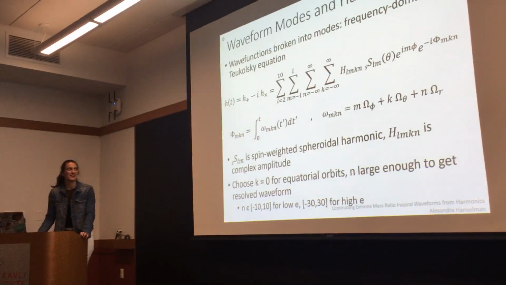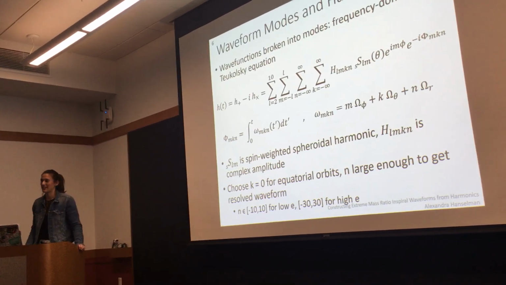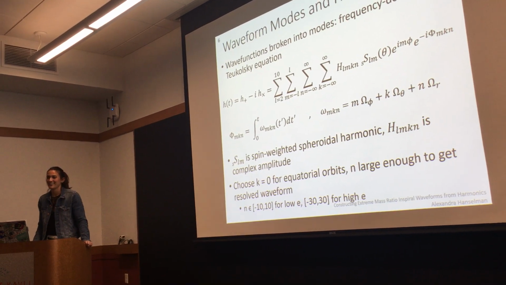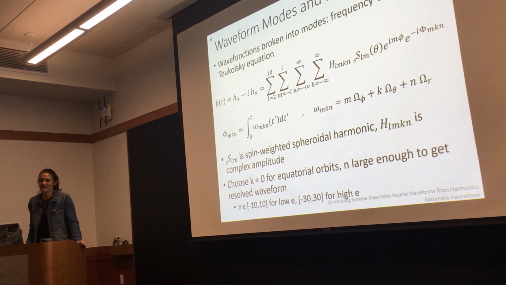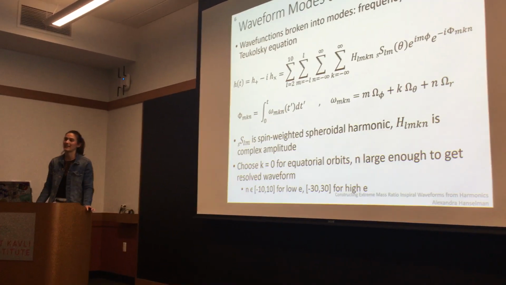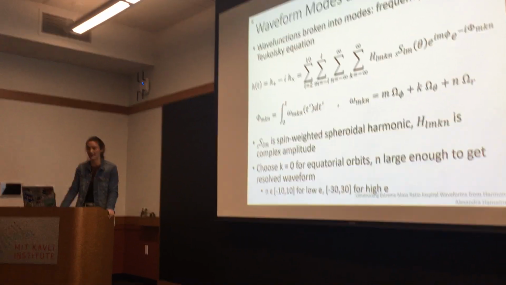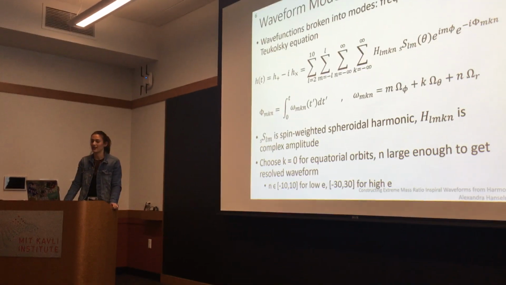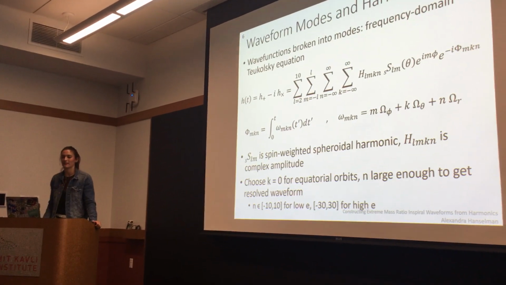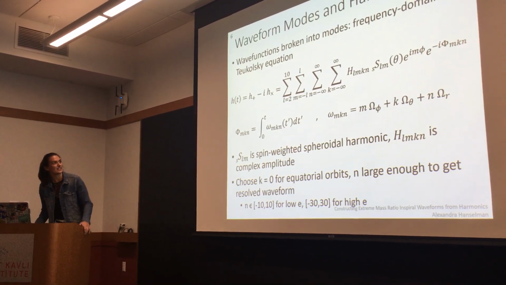So talking a little bit about the math, this is kind of a large equation, but the genesis of it is that using the wave equation, we can say that any wave can be broken up into a superposition of sines and cosines. So this could be seen here using the frequency domain Teukolsky equation for gravitational waves. It's that h of t.